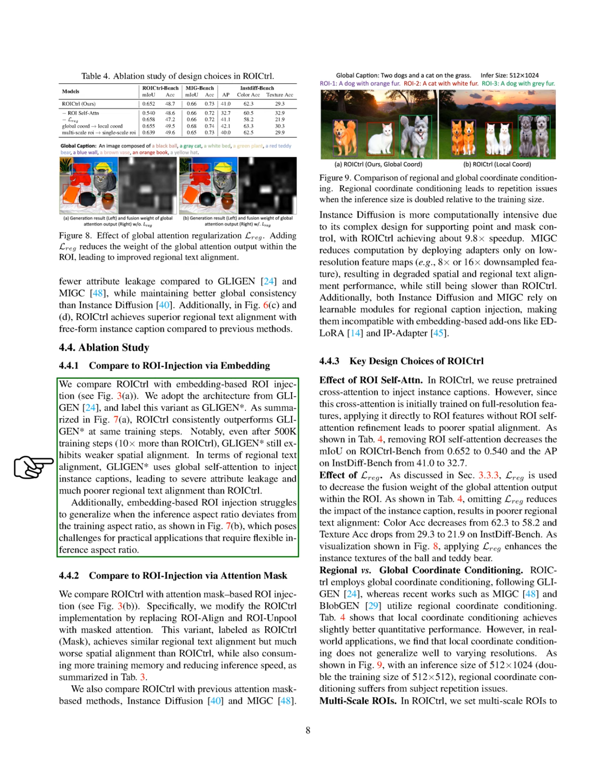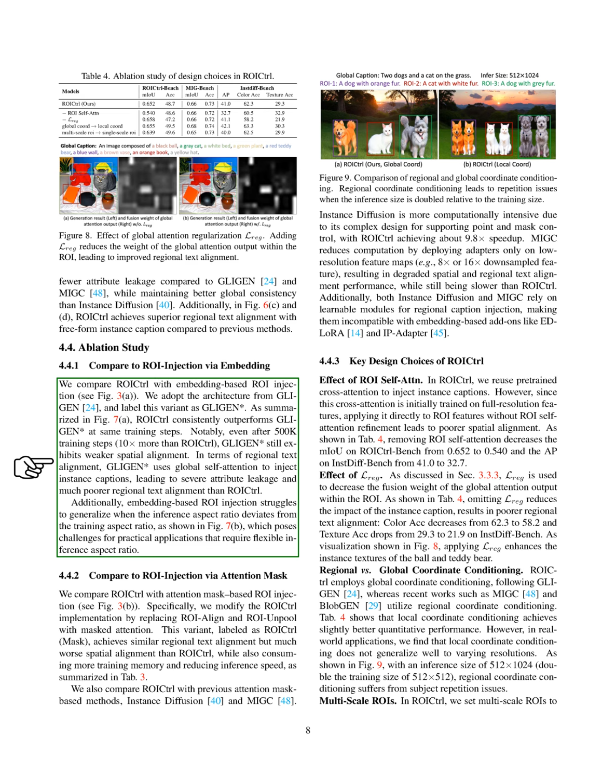Furthermore, embedding-based ROI injection has difficulty generalizing when the aspect ratio during inference differs from that used in training, as demonstrated in another figure, making it less suitable for practical applications requiring flexibility. Next, we compare ROICtrl with attention mask-based ROI injection.